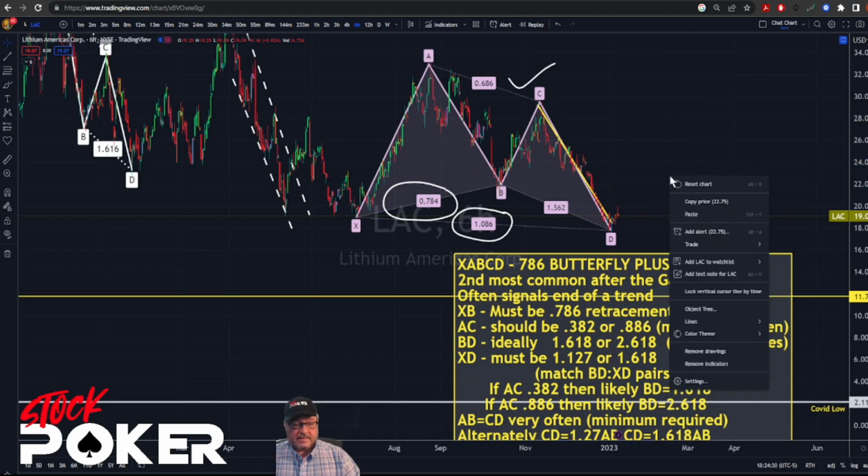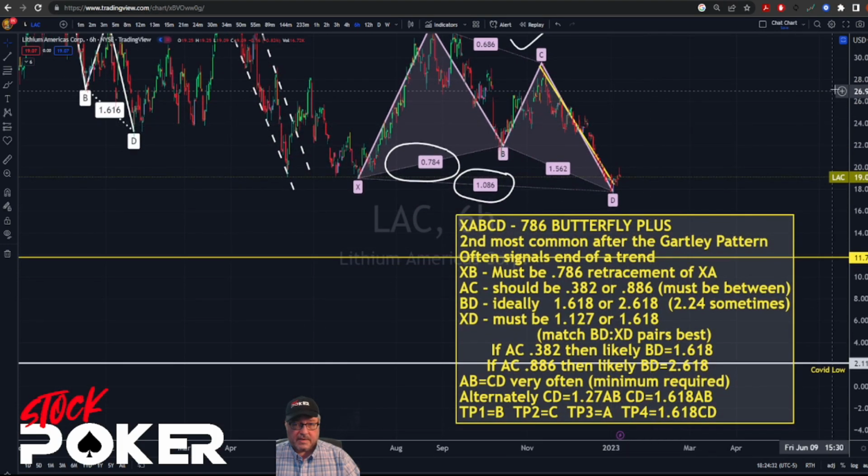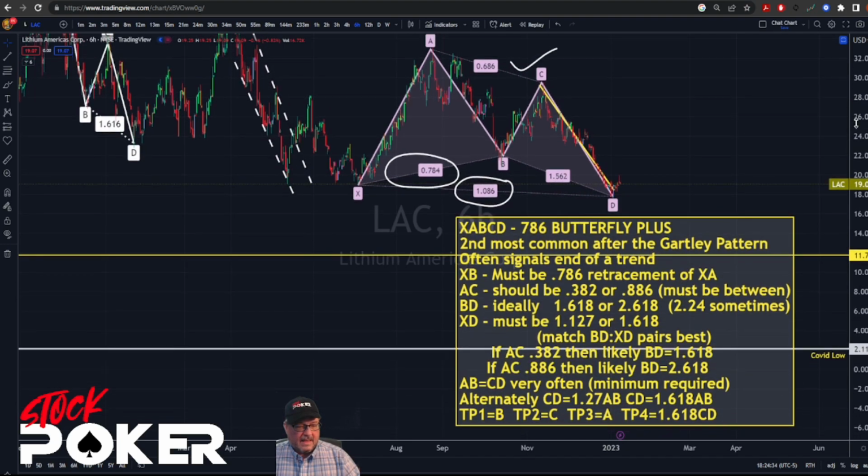Once we identify this as a butterfly pattern or a potential butterfly pattern, then before I talk about that, it's very possible that the CD leg extends down to 127 or the 1618 of the AB. And how do we get there? You're going to just do a fib retracement.